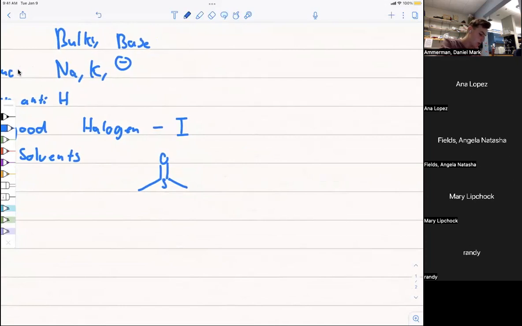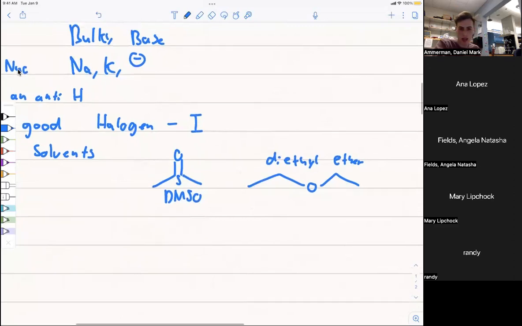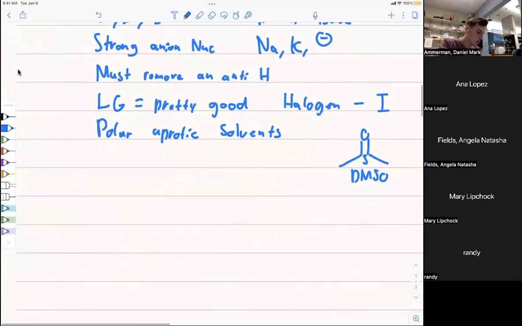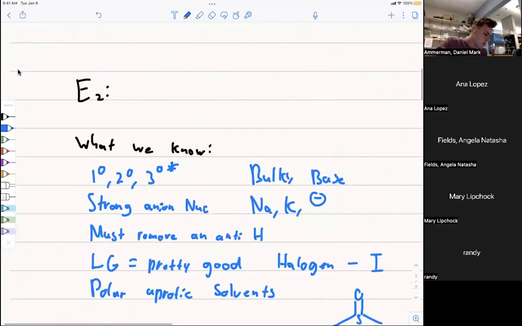Diethyl ether is another one. Both of these are going to be solvents you might see. Anything that is just going to be that polar aprotic solvent is also going to indicate E2, SN2.